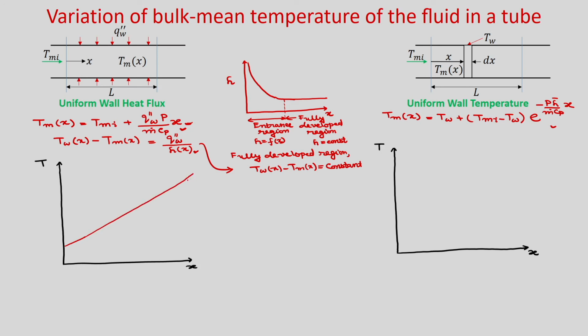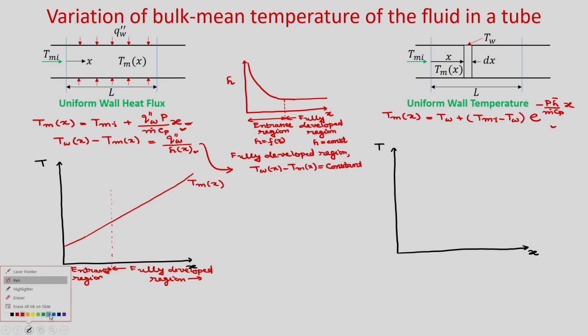So, this is your T m, which is a function of x, it is varying linearly, and you can see that T w minus T m will be constant in a fully developed region. So, if you see that this is your fully developed region, and this is your entrance region, then in the fully developed region, T w minus T m will be constant.